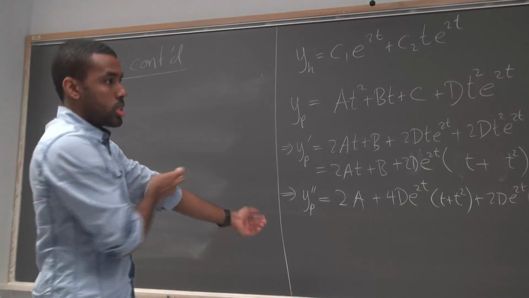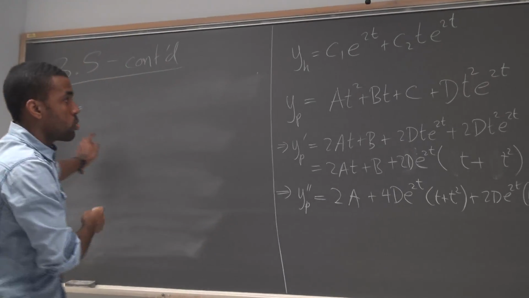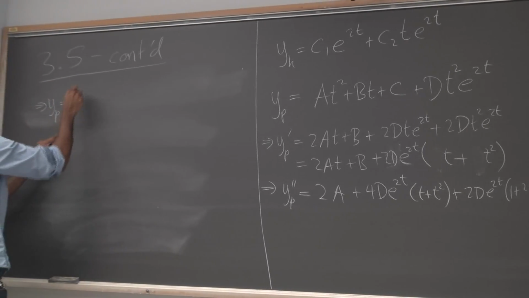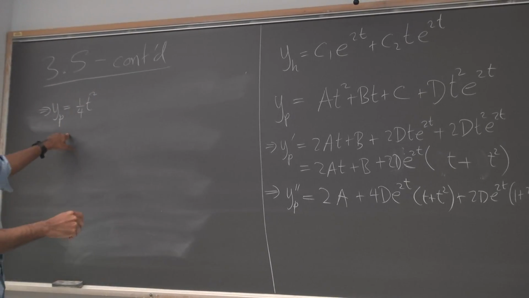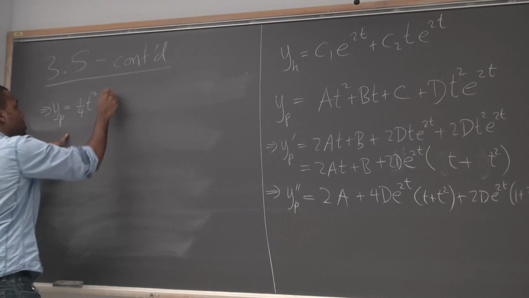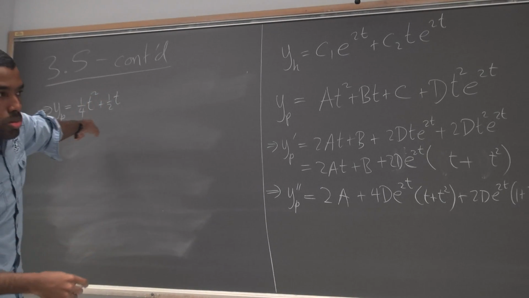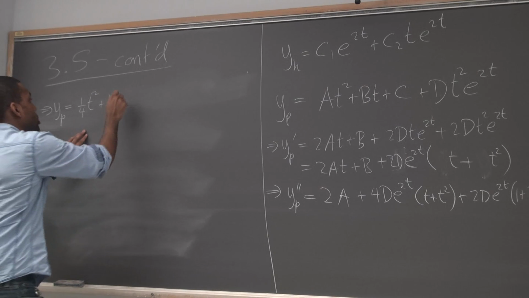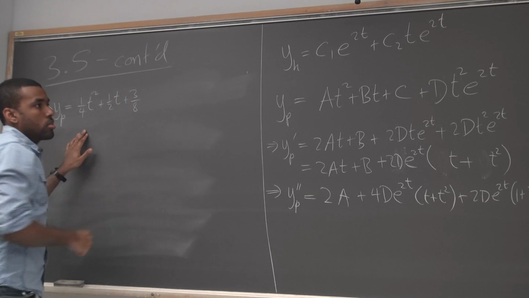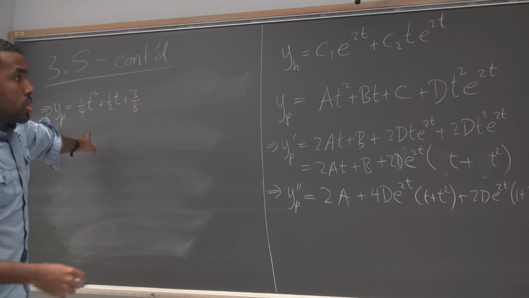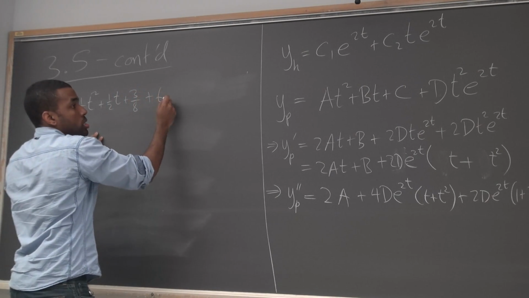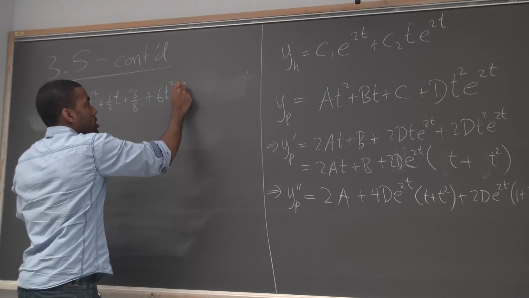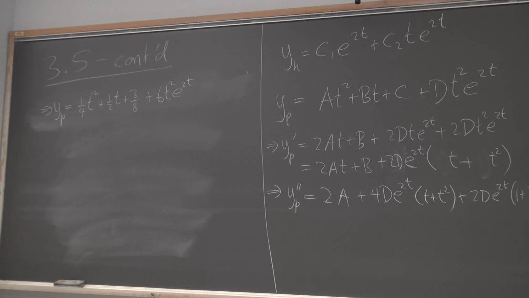So let's plug these guys in. Our particular solution will be 1/4 t squared plus 1/2 t plus 3/8 plus 6t squared e to the 2t. This is a very specific function that solves the original ODE.